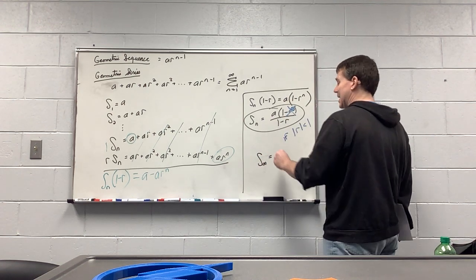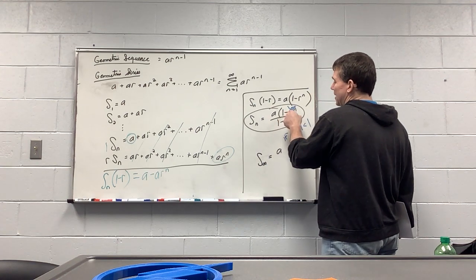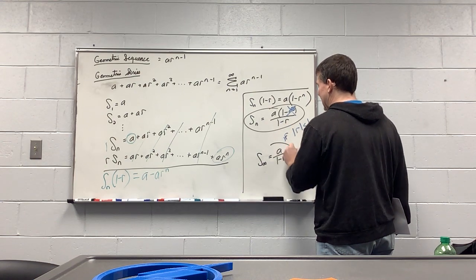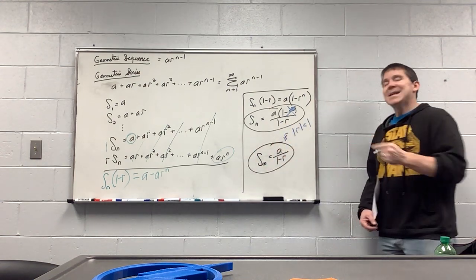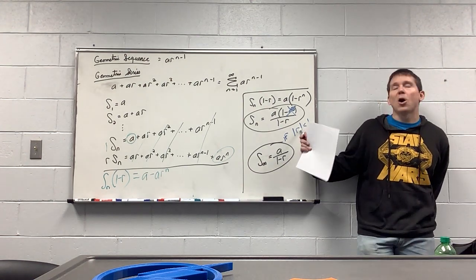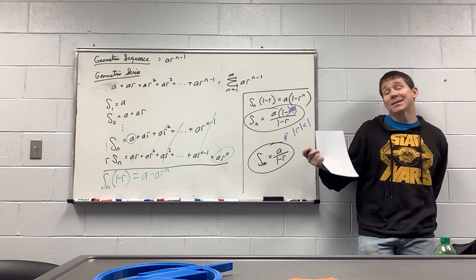The infinite sum is equal to a times 1 minus 0, so just 1, so all that's left is a over 1 minus r. And now that's the sum of an infinite geometric series, as long as the absolute value of r is less than 1. If it's not, then this doesn't work.